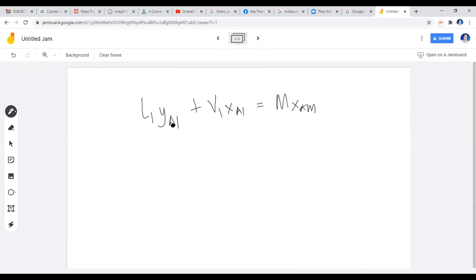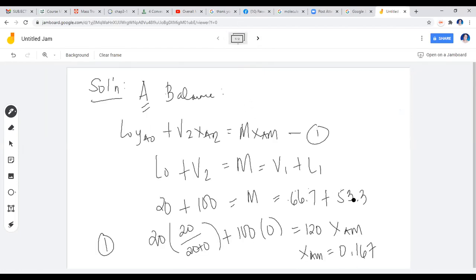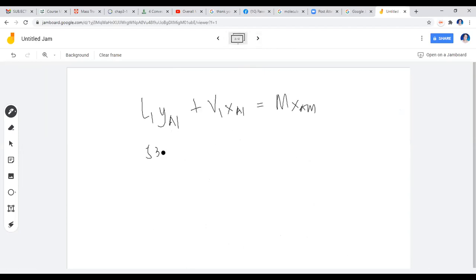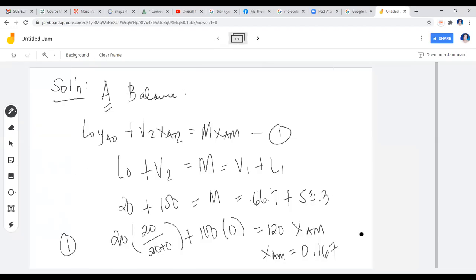We want to determine YA1 and XA1. So I will have here L1, which in your case is 53.3, times YA1, plus you have V1, which is 66.67, times XA1, and this is equal to 120 times 0.167, the one that we got here.